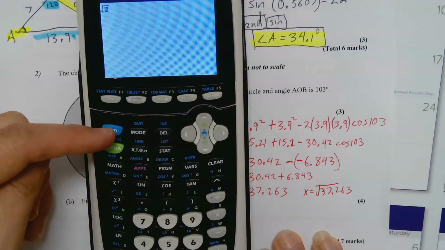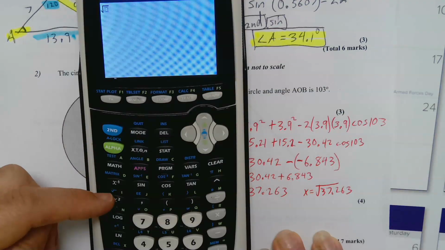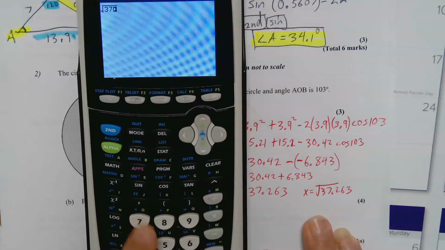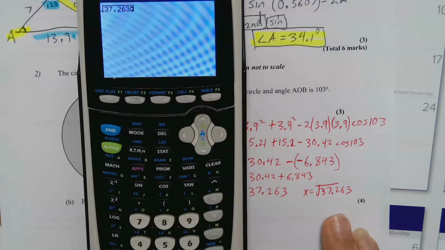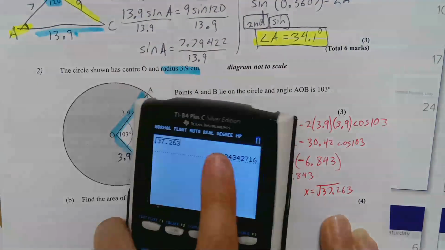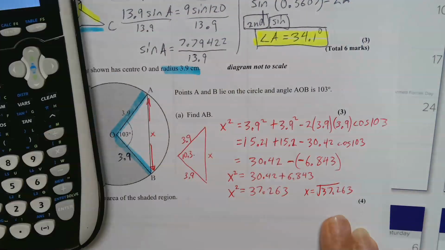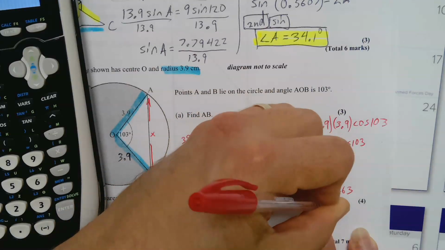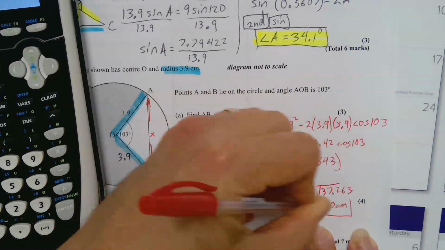So what did I do? I pushed second and the square button, and in blue you can see that it's square root. So now I type in 37.263, and the square root of that is 6.104. So three significant figures, this is going to be 6.10. Okay.